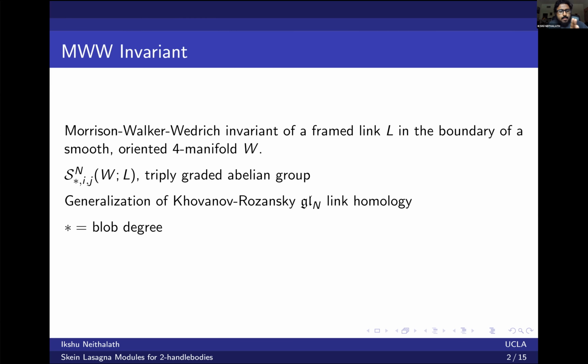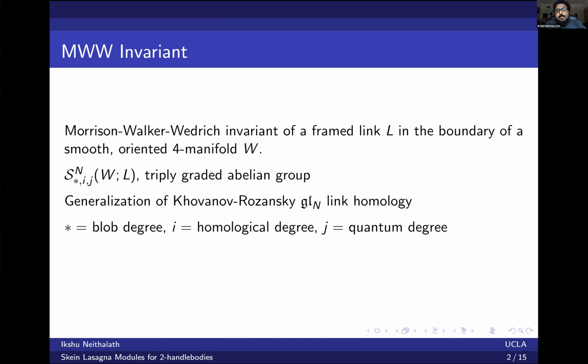But we're actually not going to worry about that at all in this talk. We're only going to focus on the case when this blob degree is 0, and that's when this group has some rather simple topological description in terms of certain diagrams in your four manifold. And the other two gradings, i and j, are the homological and quantum degrees.